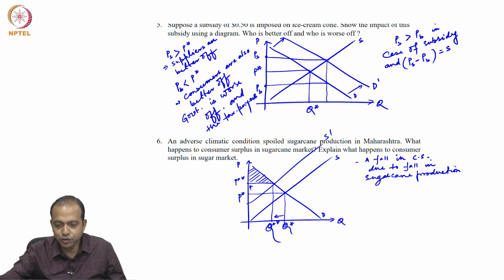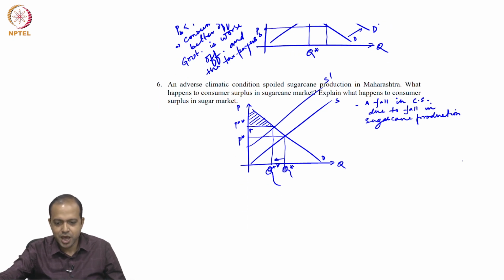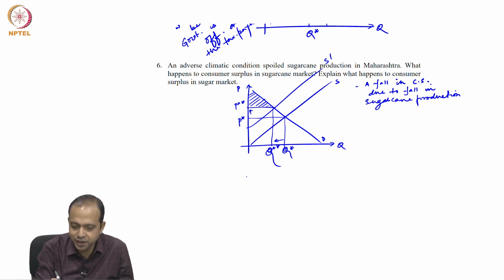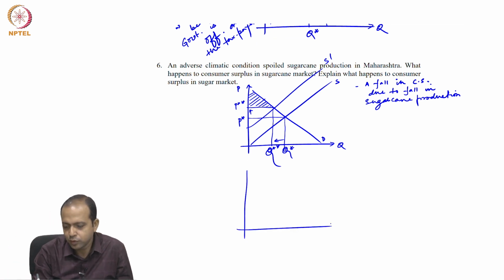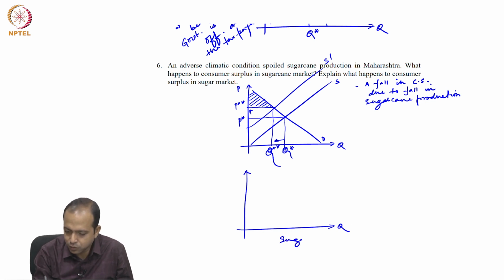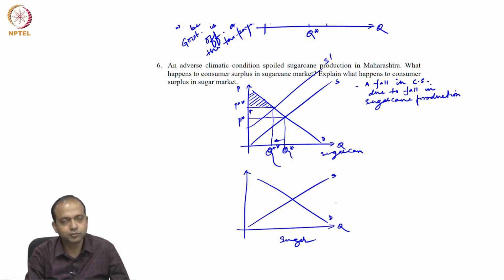Now, what will happen to the consumer surplus in the sugar market? Assuming that sugarcane is one of the main ingredients of sugar, this is the market for sugar, and this is the market for sugarcane. Again, demand and supply of sugar.